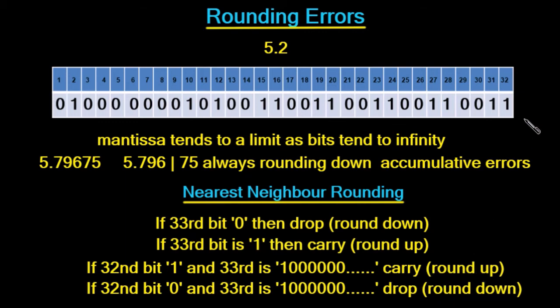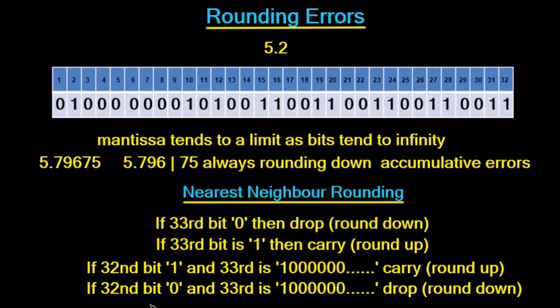We take the last bit and carry it in, and let the carry ripple through. If the 32nd bit is a 0, and the 33rd bit is again a 1 with all zeros after it, then we just drop off everything after. In effect we're rounding down.